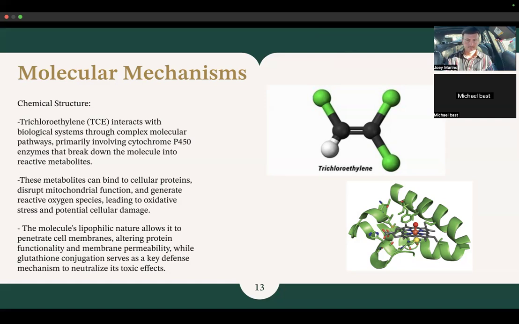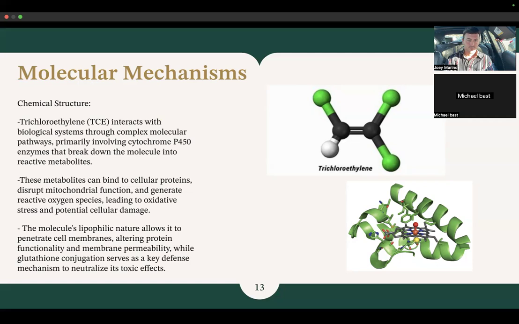Primarily, it involves the cytochrome P450 enzymes, which break down the molecule into reactive metabolites. These metabolites can bind to cellular proteins, disrupt mitochondrial function, and even generate reactive oxygen species. All of this leads to oxidative stress and potential cellular damage.